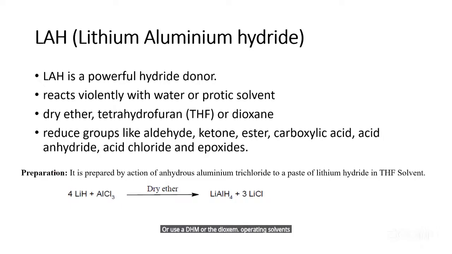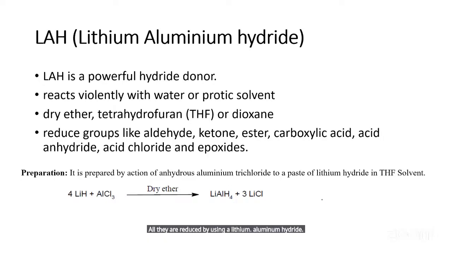Lithium aluminum hydride gives reduction of different functional groups. Majorly, we observe that aldehyde, ketone, ester, carboxylic acid, anhydrides, acyl halides, and epoxide are all reduced using lithium aluminum hydride.